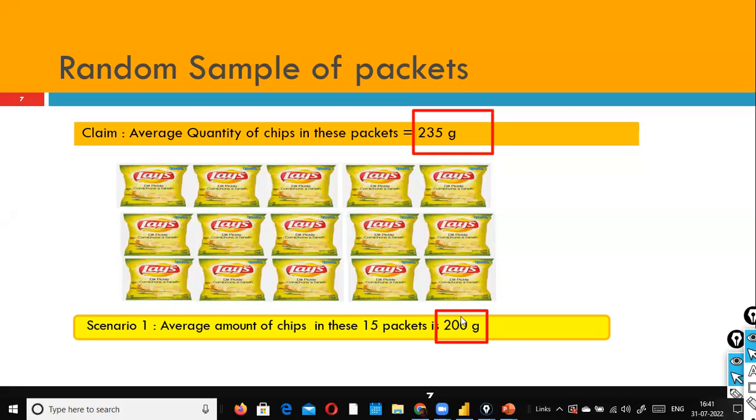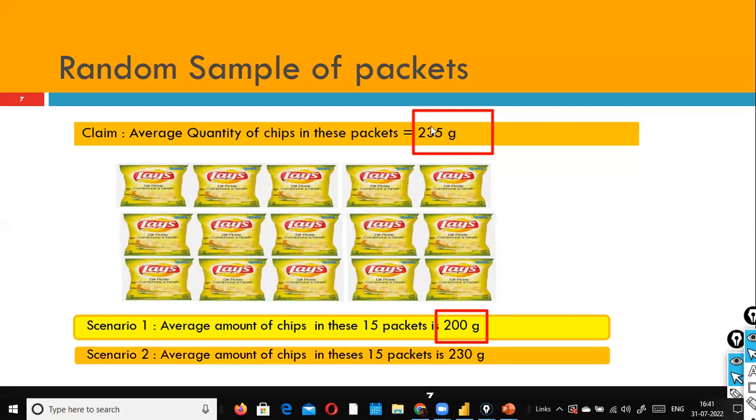Obviously, it is pretty straightforward. As per my sample, my sample size is 15 here, and I'm getting 200 gram on average. So obviously I'll have to reject it because it is way too low. 235 gram, but only 200 gram is there on average.